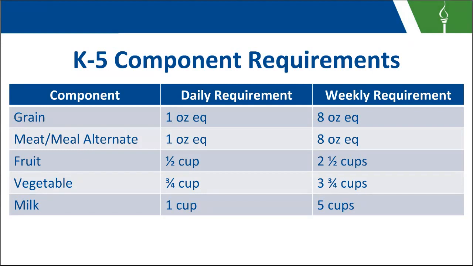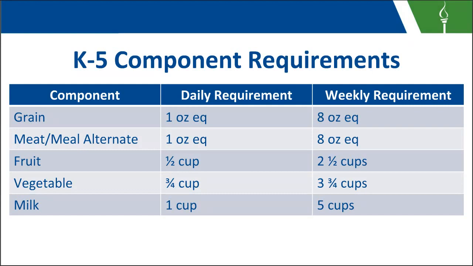So you may notice that if you were to offer the daily requirement each day over the course of the week, you would not meet the weekly requirement for all of these component requirements. If you're serving the fruit, vegetable, and milk component in the required daily amounts, you will meet that weekly requirement.